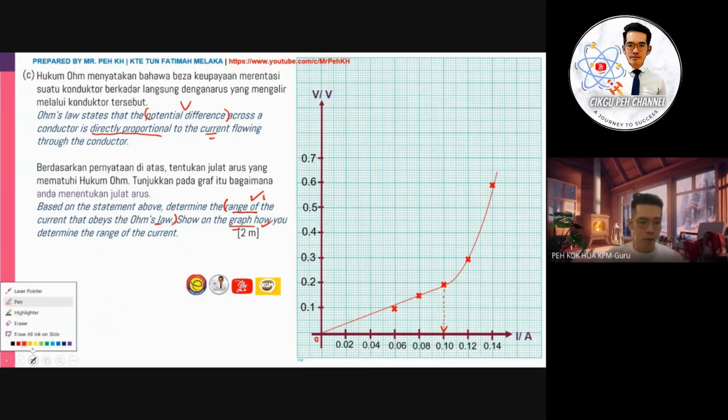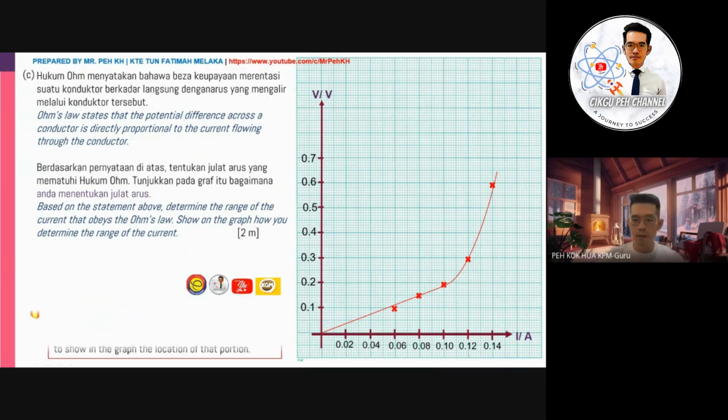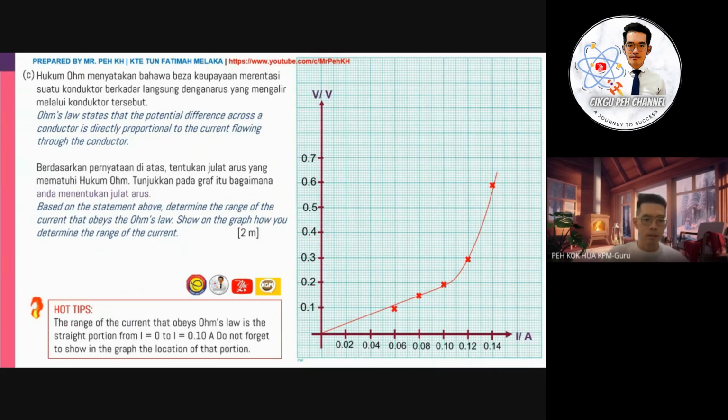Okay, so now I show you the answer together. The tips here: the range of the current that obeys Ohm's law, I explained to you just now, from our graph here will be 0 to 0.1. Do not forget to show on your graph the location of the position, which I also highlighted just now. This is statement number 2. First, you need to give a line showing a straight line, which is before 0.10 ampere here.